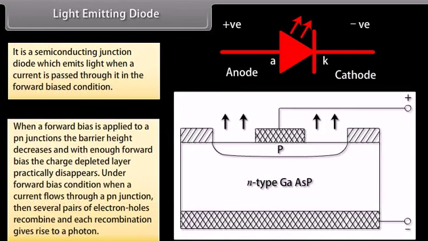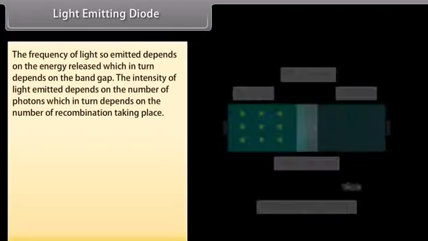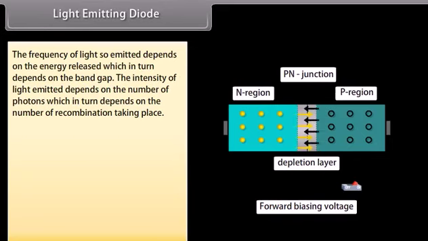When a forward bias is applied to a p-n junction, the barrier height decreases, and with enough forward bias, the charge-depleted layer practically disappears. Under forward bias, when a current flows through a p-n junction, several electron-hole pairs recombine, and each recombination gives rise to a photon. The frequency of light emitted depends on the energy released, which in turn depends on the band gap.